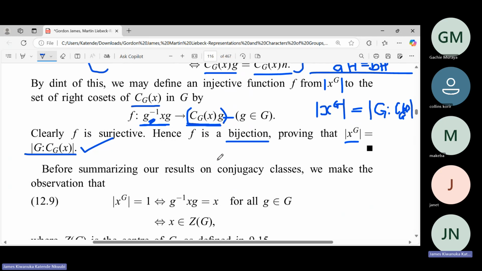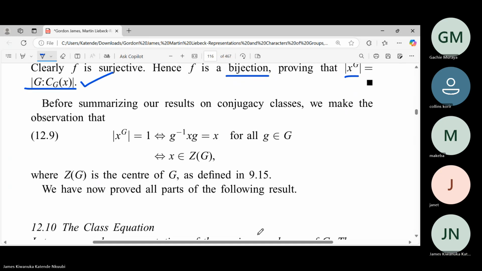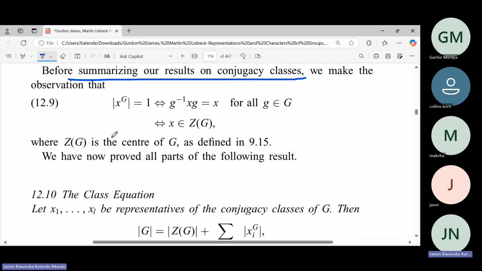We did something similar in group actions. If you go back, you'll be able to connect the two. Before summarizing the results on conjugacy classes, we make some observations.